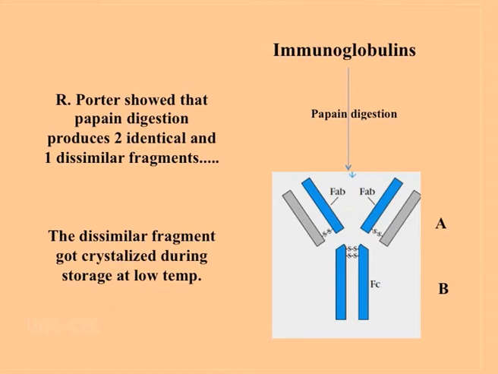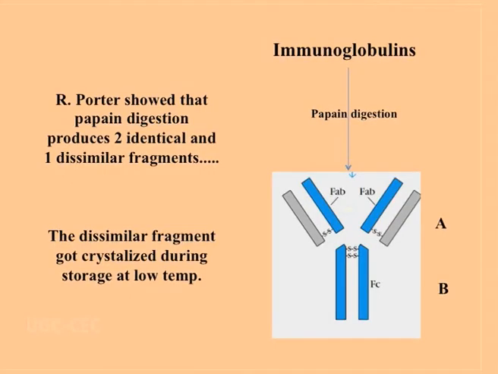They used these A fragments to immunize a goat. They collected the serum or the immunoglobulins, and the immunoglobulins raised against fragment A were found to react with both the heavy chain as well as the light chain. That means the A fragment contains parts of both the heavy chain and light chain.